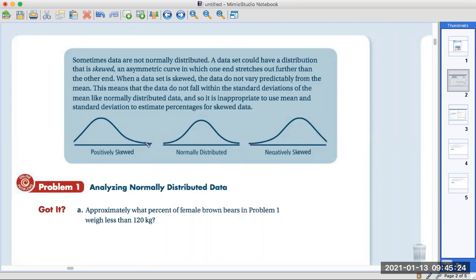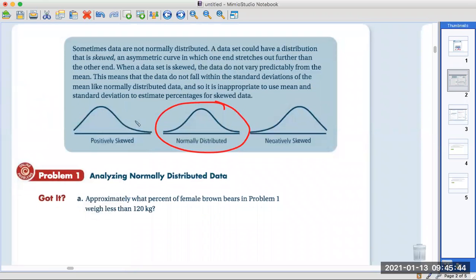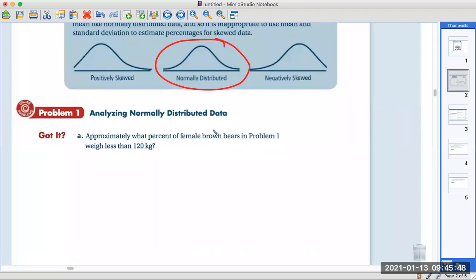I have seen textbooks call this right skewed and this left skewed, but this book calls it positively skewed and negatively skewed. So the data that we're using is normally distributed. If it's not, the lesson really doesn't apply, but we want you to know that it's not always normally distributed.